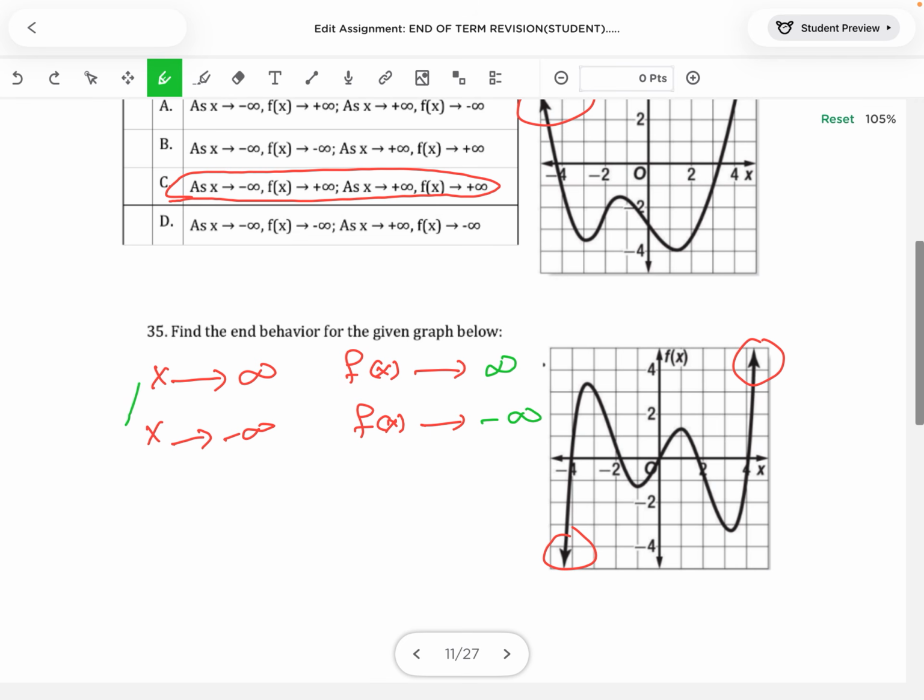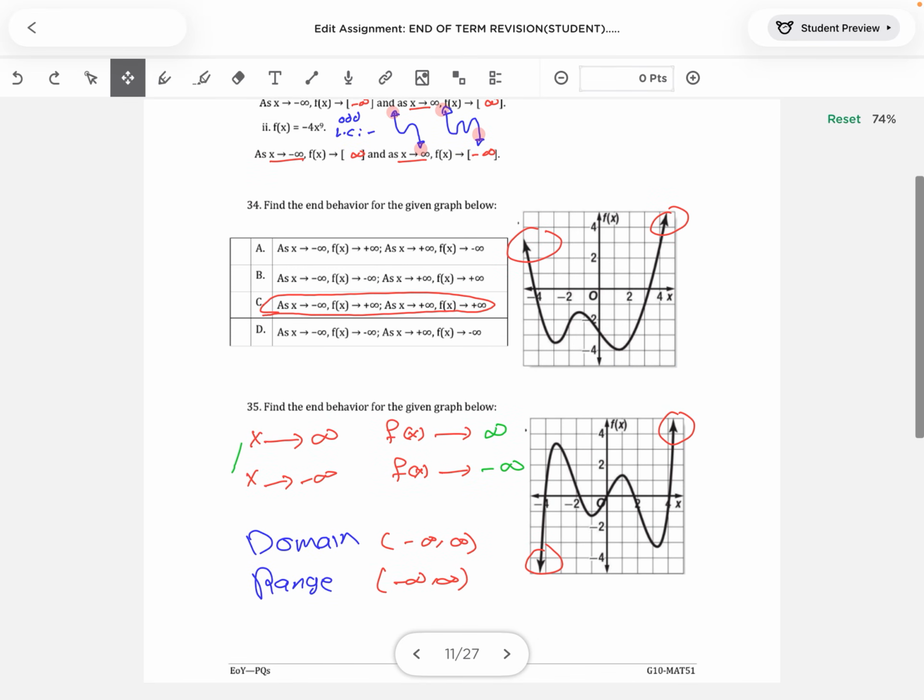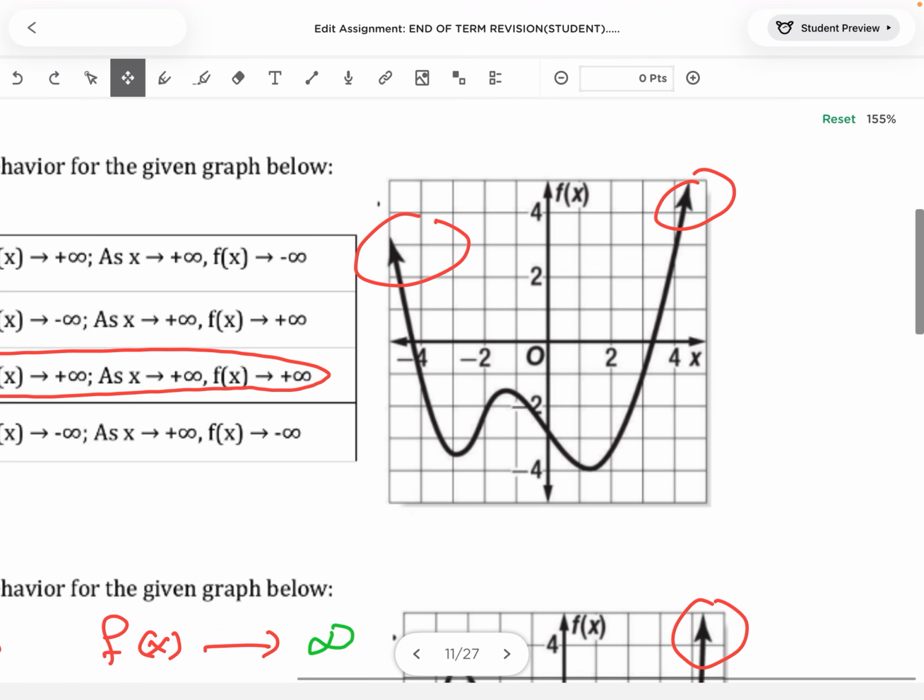I added one more thing about the domain and range of this. What is the domain? And what is the range? I have an odd function. Domain is negative infinity to infinity with range negative infinity to infinity. In case they ask you about this one, just to make sure. Right. This one, we need the domain and range.